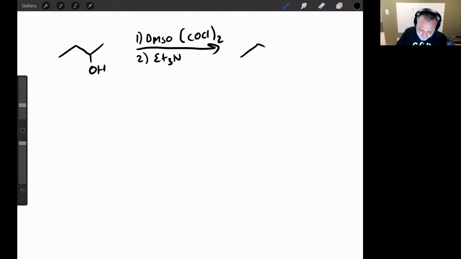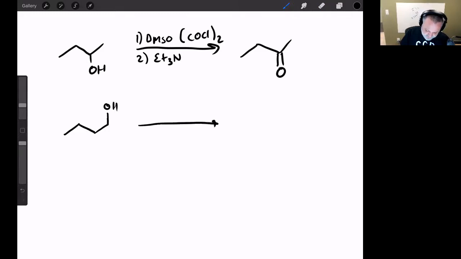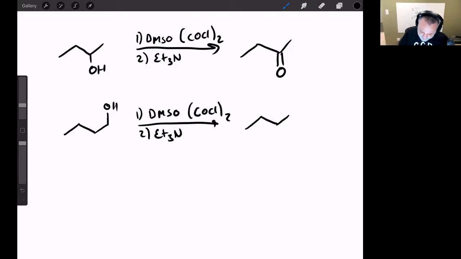And so it oxidizes secondary carbons into ketones, and it oxidizes primary carbons into aldehydes.